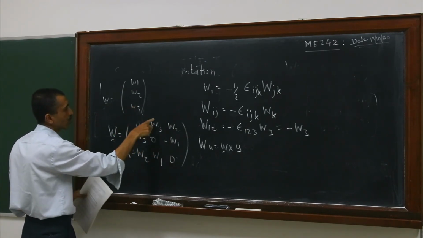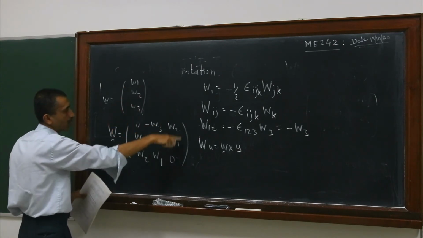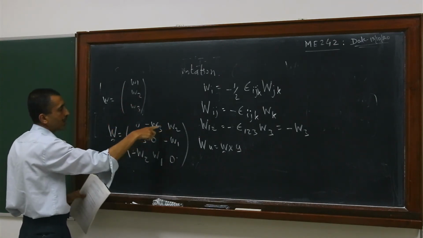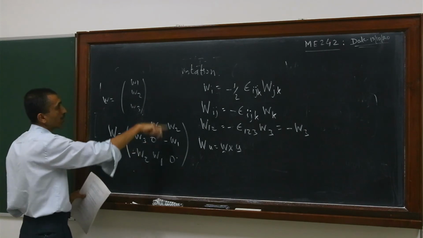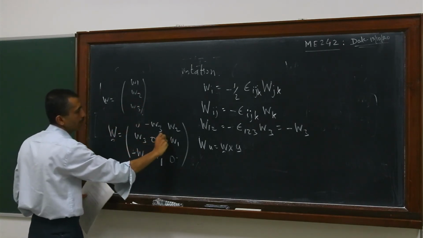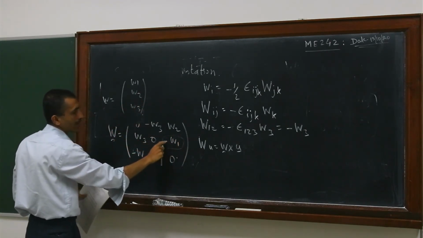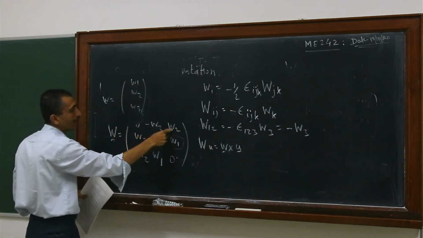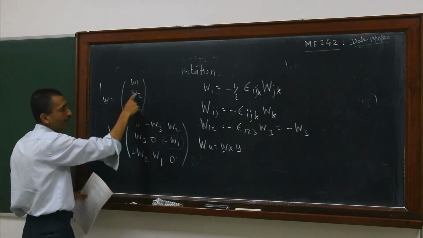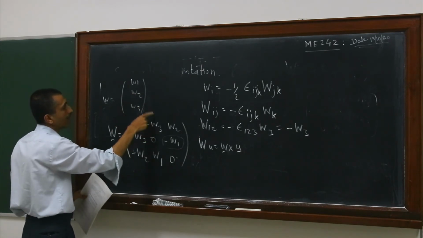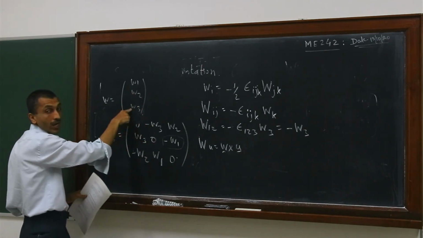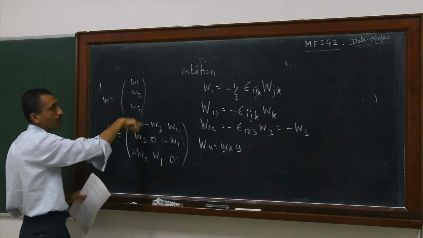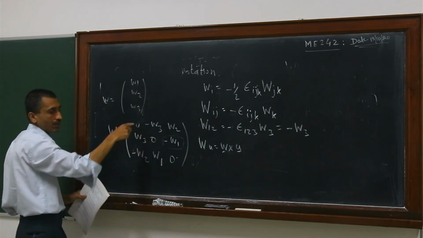So given this vector, you can construct the skew symmetric tensor. And given the skew symmetric tensor, you can construct this. You take the 2, 3 element, reverse the sign, and that will be the first element of this vector. You take the 1, 3 element, and that will be the second element. And if you take the 1, 2 element, again reverse the sign, you can get a vector. So you can go back and forth between the vector and the skew symmetric tensor quite easily.